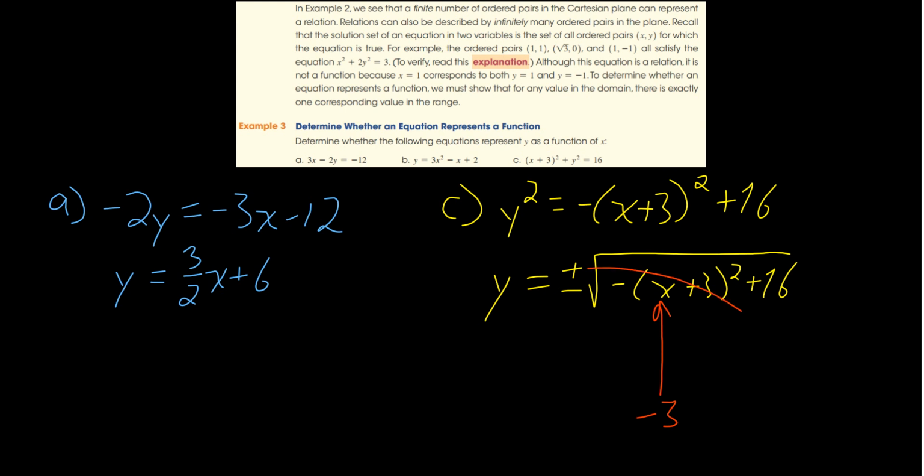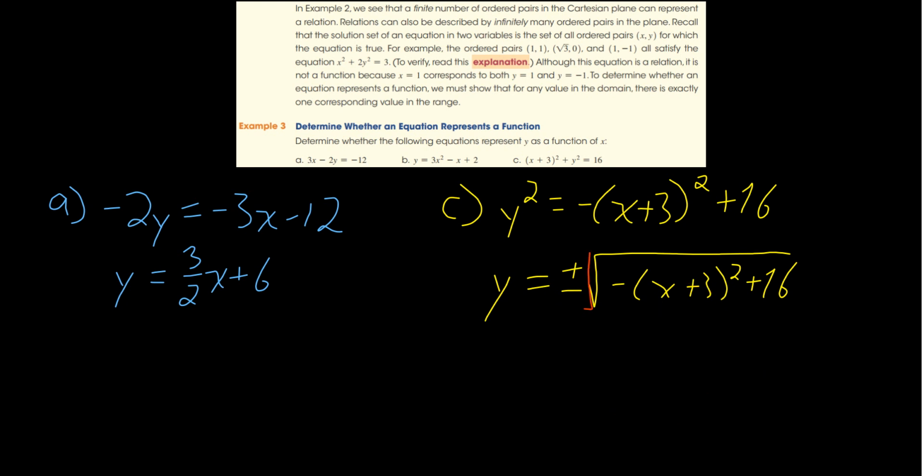Then we just have the square root of 16, so we would have plus or minus the square root of 16, which we know is plus or minus 4. So if I plugged in one x value, I would get two y values out, because of that plus or minus right there. So algebraically, that's how I can tell if an equation is a function or not.